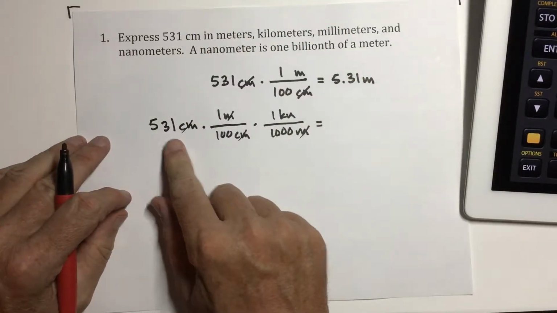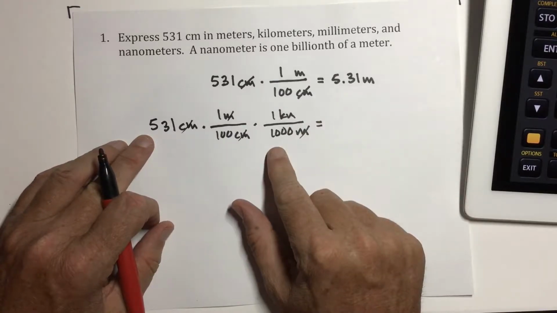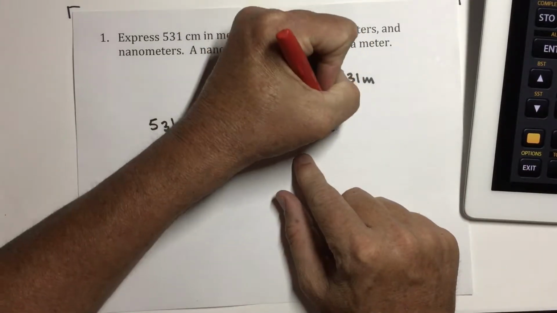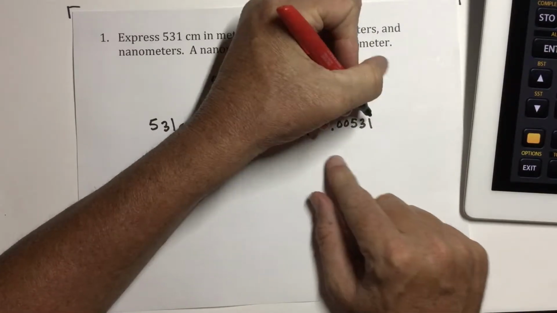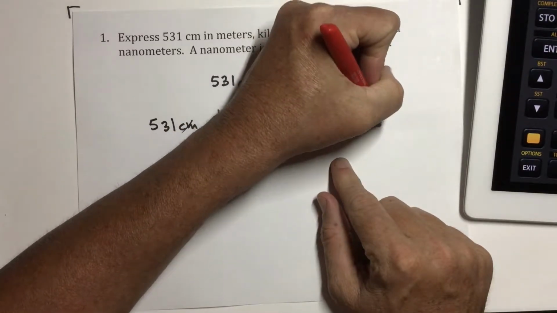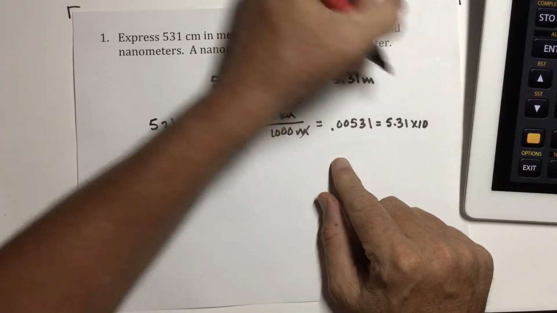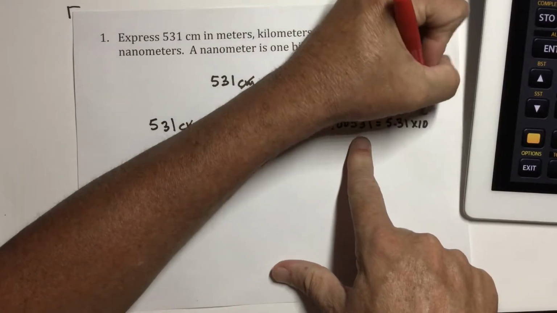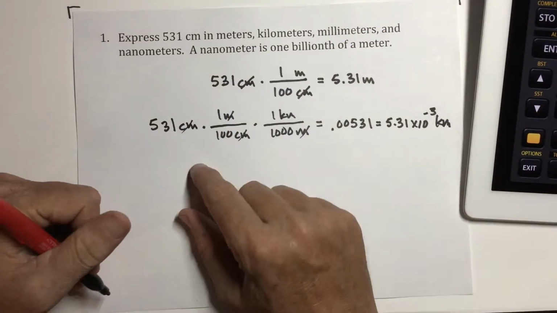So this is going to be 531 divided by 100, which is 5.31, divided by 1,000, which is 0.00531, or 5.31 times 10 to the minus 3 kilometers. And there we go.